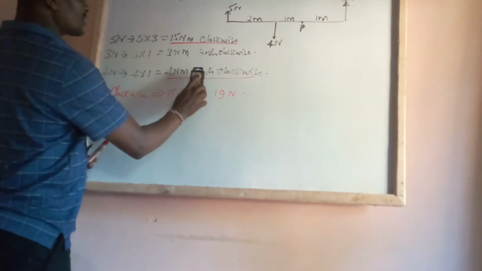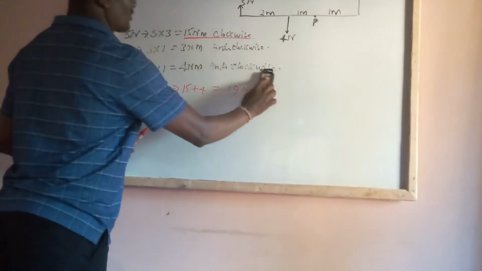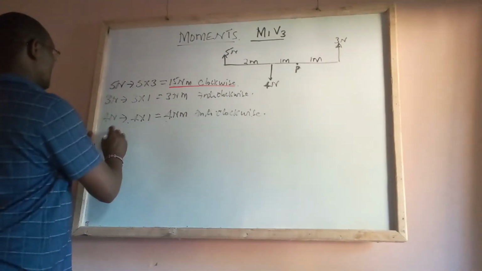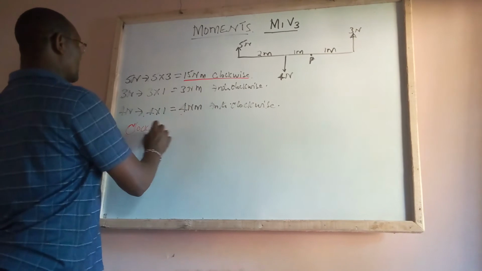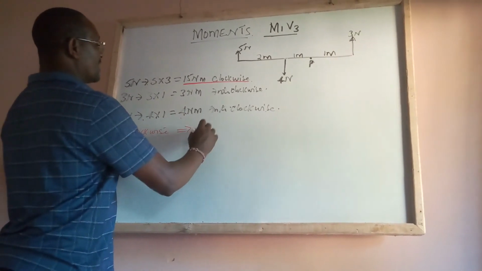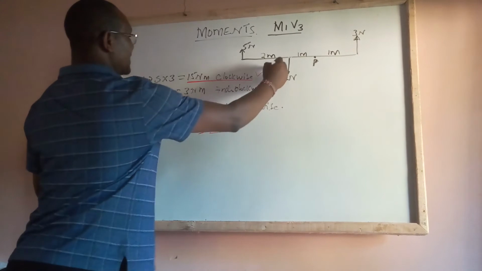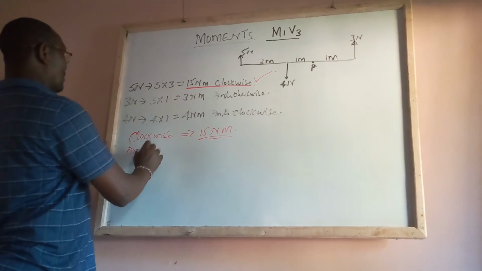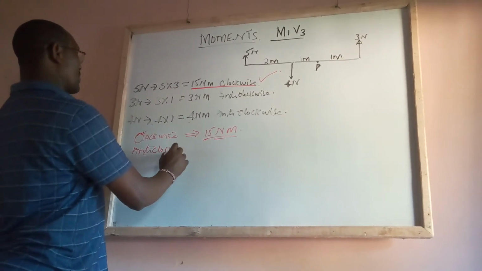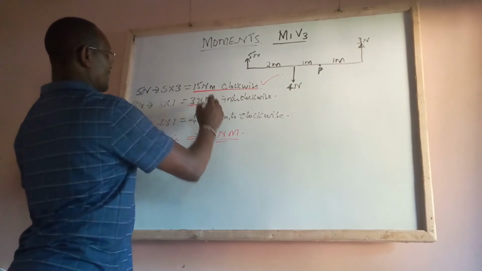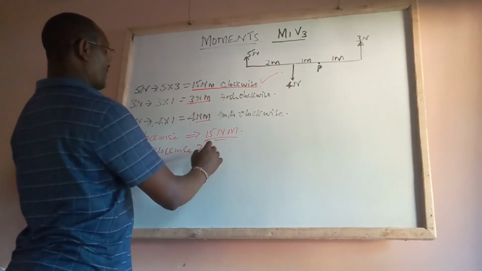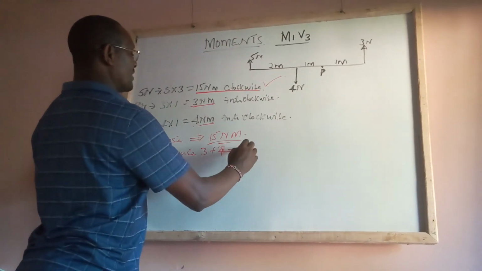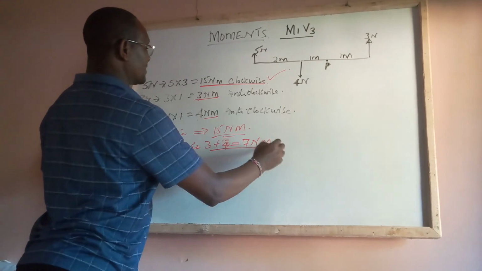I mean, the 4 is not clockwise, this is simply anti-clockwise. Let us be keen on that. The ultimate moment clockwise is 15 newton meters. That is it. What about the total moment anti-clockwise? Anti-clockwise, we have 3 plus 4, which is giving us 7 newton meters anti-clockwise.